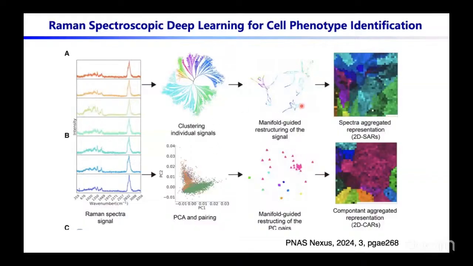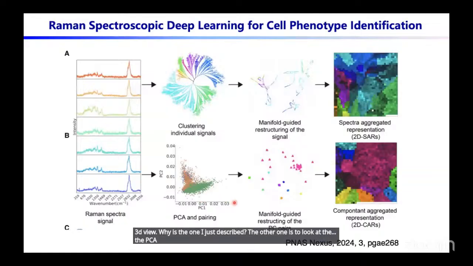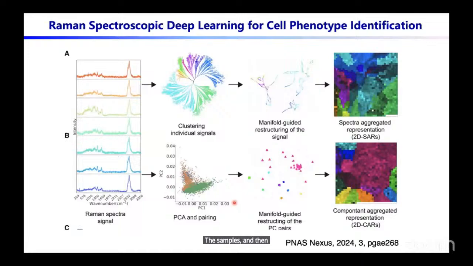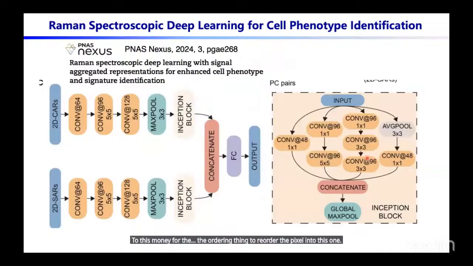Actually, there are two ways to generate the 2D figure. One is the one I just described. The other one is to look at the PCA of the samples. And then based on the PCA, you could also do this manifold reordering to reorder the pixels into this one. And then you have two types of data.